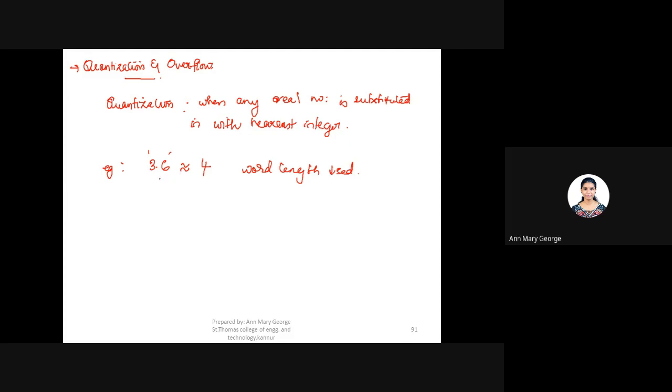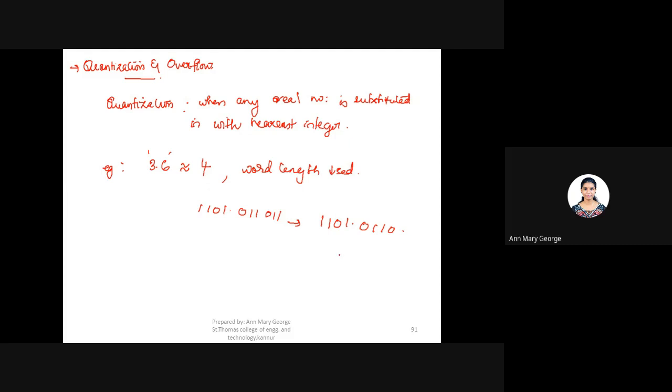When you substitute 3.6 with the nearest integer 4, the word length gets reduced. After substituting 4, the number can be represented as 0110. Okay, this will be the quantization.